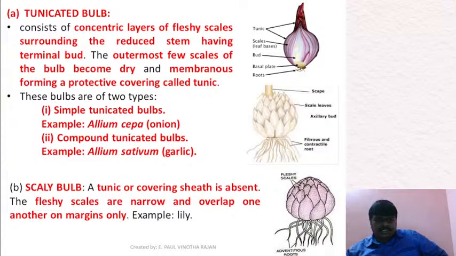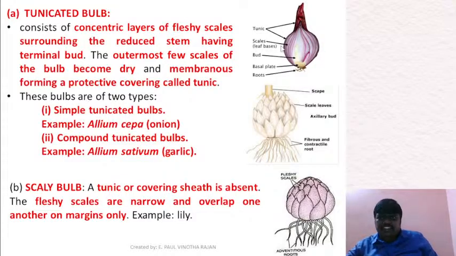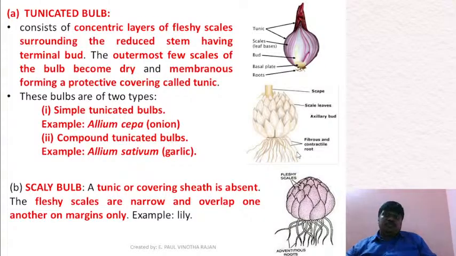Okay. So next, we're going to learn about the tunicate bulb. I've told you the tunica is the layer that covers the whole leaves. For example, in the onion, the part I'm just highlighting here, these are all the leaf bases, the scales of the leaf. And there will be a very short stem here and the root.